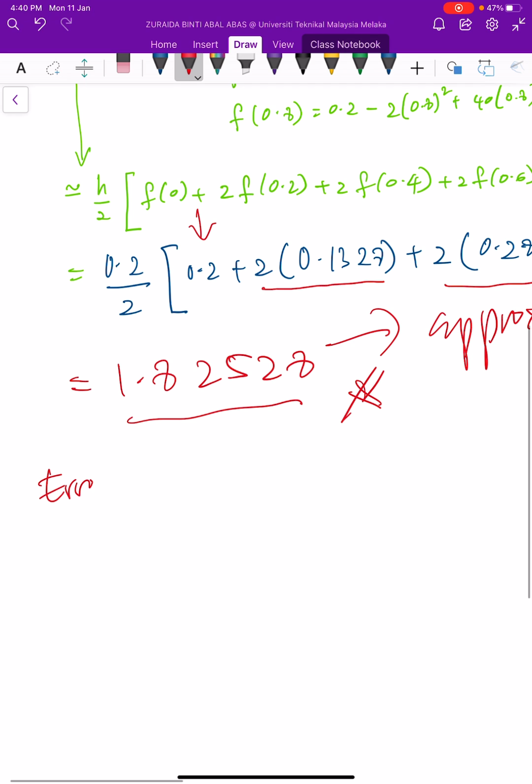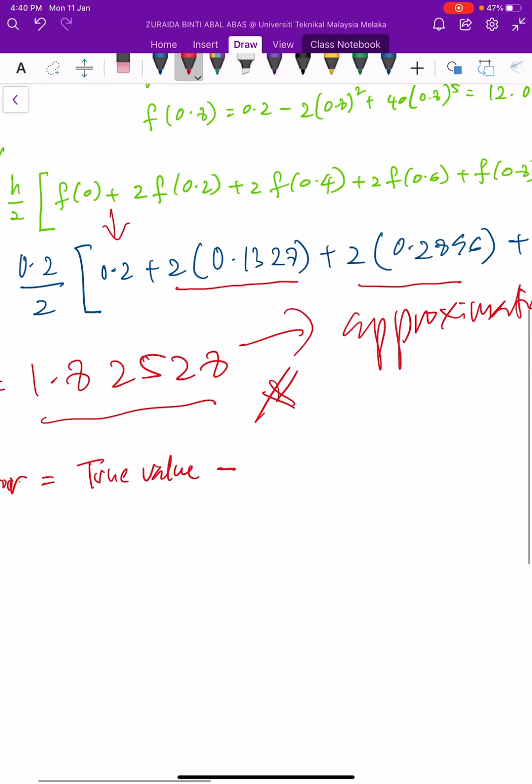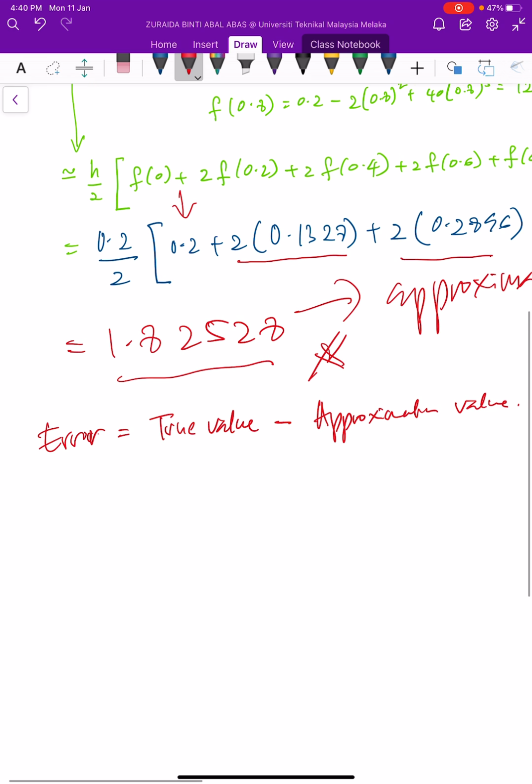So how to get the error? Error is the true value minus the approximation value. I'm going to continue this in the next example or next video. Thank you very much.